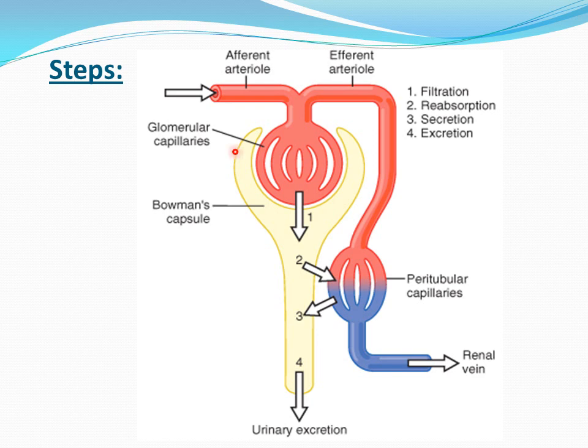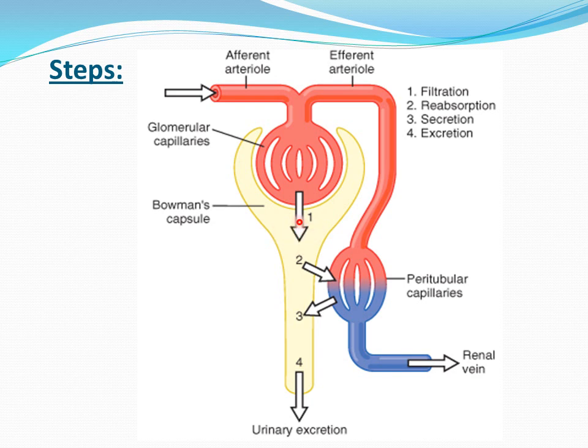This figure shows these three basic steps. This is the afferent arteriole that is making the glomerulus here. This is the efferent arteriole that is leaving the glomerulus. And here are the renal tubules, including the initial portion, which is the Bowman's capsule. Initially the plasma flowing through here will be filtered through this glomerular membrane into the renal tubular lumen.